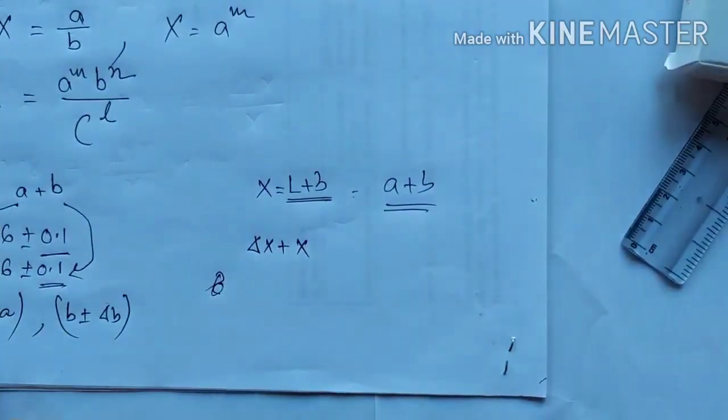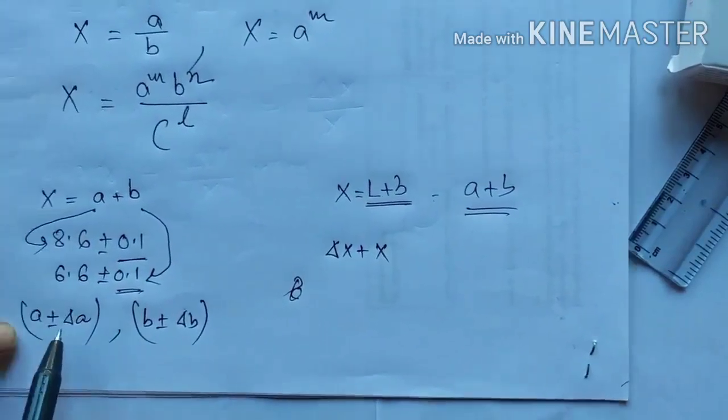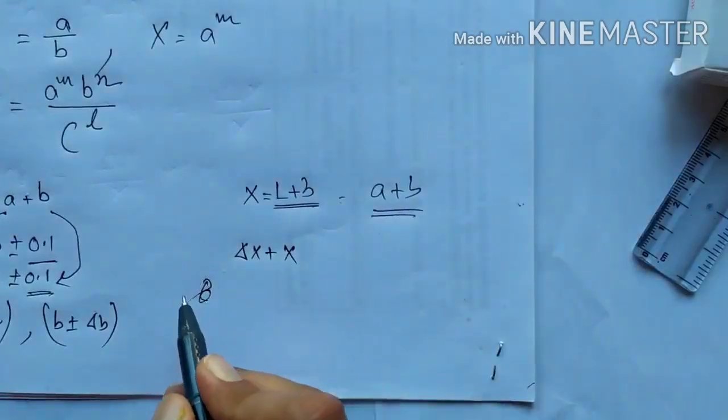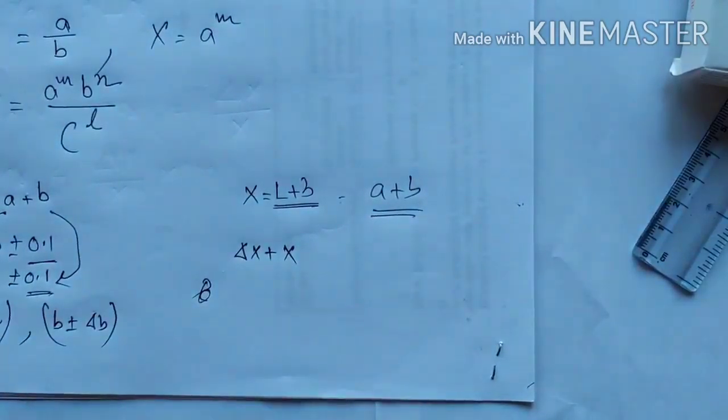Now A is nothing but A plus minus delta A, B is nothing but B plus minus delta B. So definitely x can also be written as x plus minus delta x.